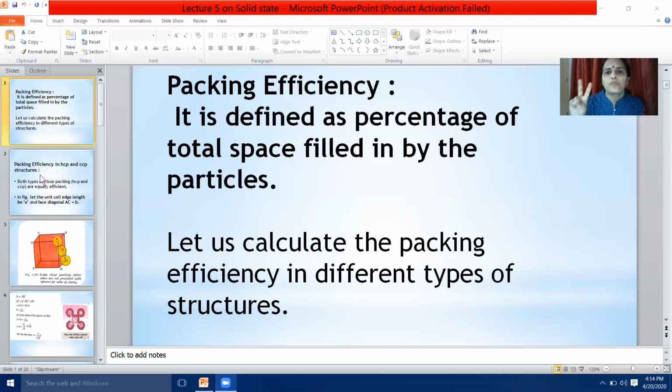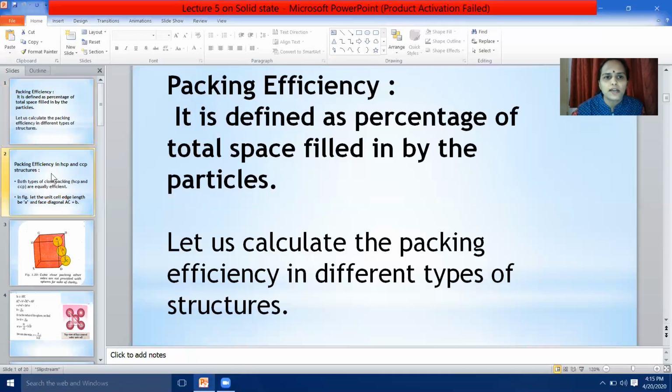Second, the BCC arrangement, and third, the primitive cubic unit lattice. The packing efficiency is highest in the case of HCP or CCP structures. So we'll calculate the packing efficiency first in HCP and CCP structures.